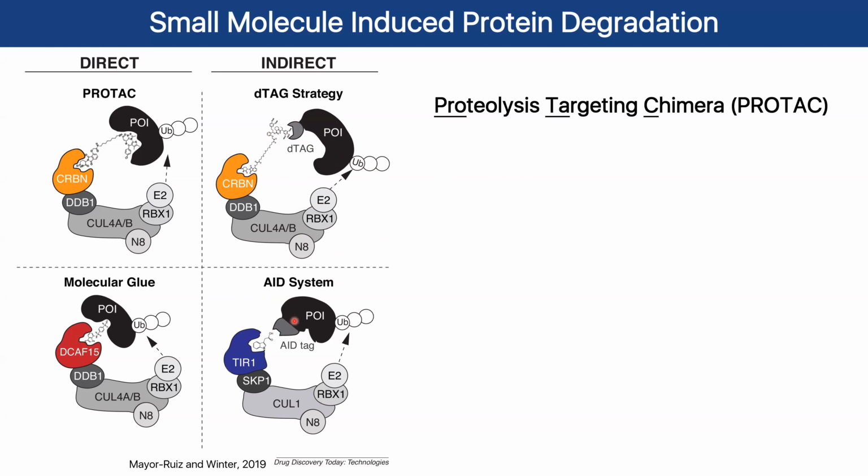You have to have this auxin domain, right? Also make a fusion protein. Then you add this small molecule, and then you can trigger the degradation. The thing here is for both of these two strategies, you have to engineer your cells, basically make them a model system to look at this.